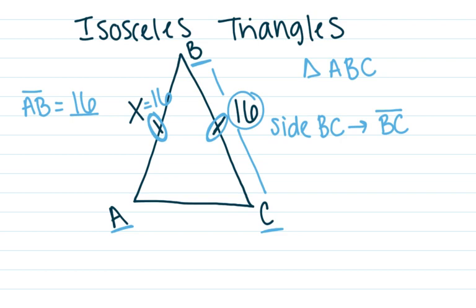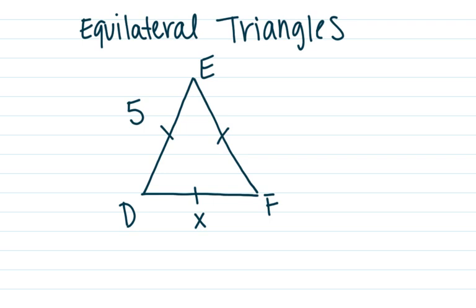Another triangle that this works for are equilateral triangles. In an equilateral triangle, we know that all of the sides have tick marks, meaning all of the sides are equal. So if side DE here equals 5, that also means that this X down here would also equal 5. And even this side over here would be 5.